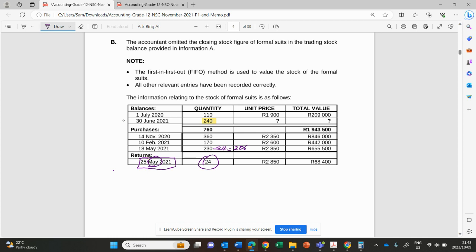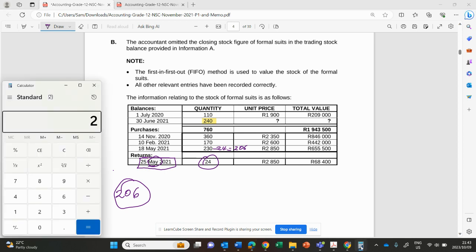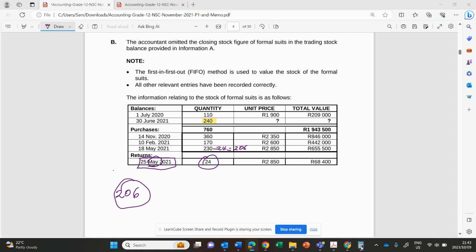The remaining units from May are 206. Then what's left so that it can give us 240? We say 240 minus 206, and we get 34.